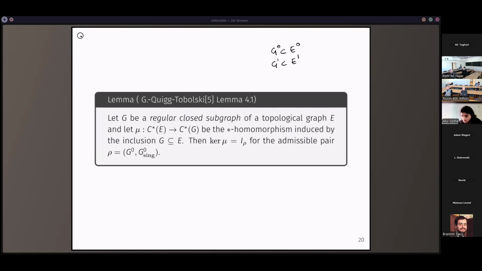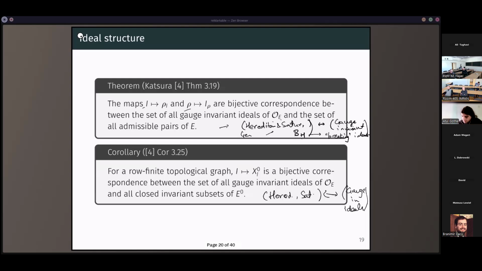You said that there is a correspondence between the set of gauge invariant ideals and invariant subsets of the vertices. My question is: is there any nice interpretation for a gauge invariant ideal which is also an essential ideal?